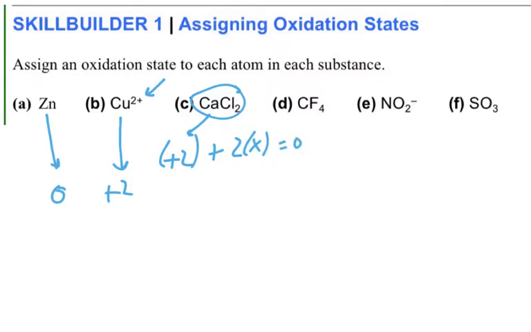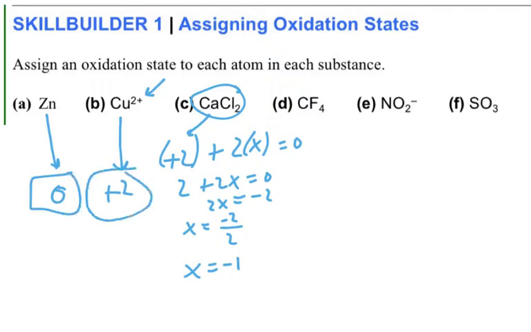So when you do the algebra, 2 plus 2x is equal to 0. 2x is equal to -2. As I continue to do my algebra, you'll see that I'm confirming that it's going to be -1. Okay, so let's highlight the answers here. So calcium, we said, is +2, and chlorine there is -1.